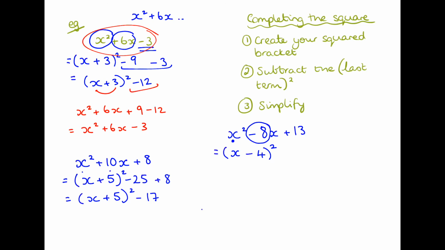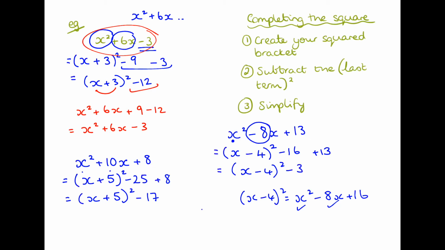Okay, remember we've got a plus 13 on the end, and then here, if we think about x minus 4 squared, it's x squared minus 8x plus 16. And we don't want the 16, we only want the x squared minus 8x, so we have to take the 16 off. Okay, so that gives us x minus 4 squared, and then we've got minus 16 plus 13, so that's minus 3.